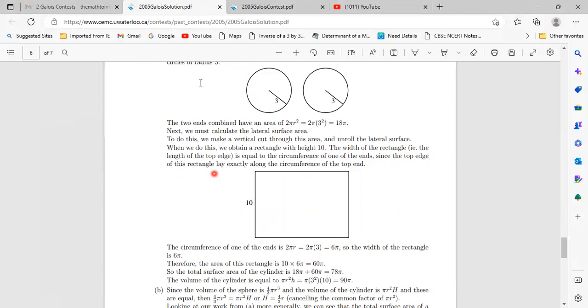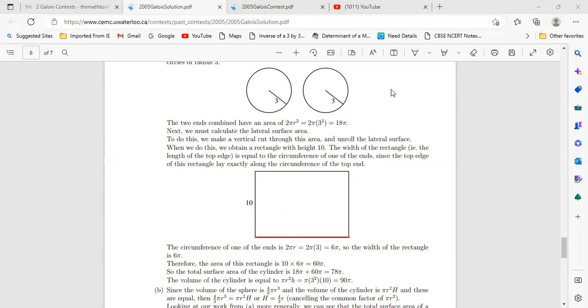If you fold it, you would be able to form a circle, isn't it? By using the top and the bottom, if you fold them, you would be able to see a circular shape. So I can say this length is equal to the circumference of the circle. Can we say that? Width of the rectangle and circumference of the circle are the same.